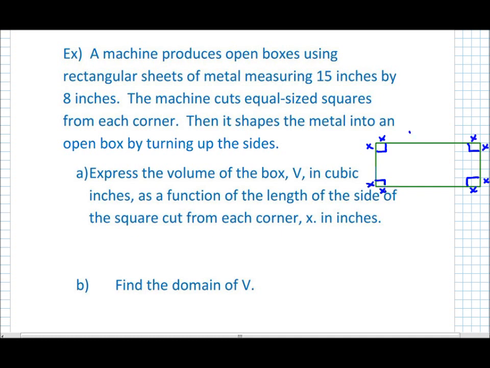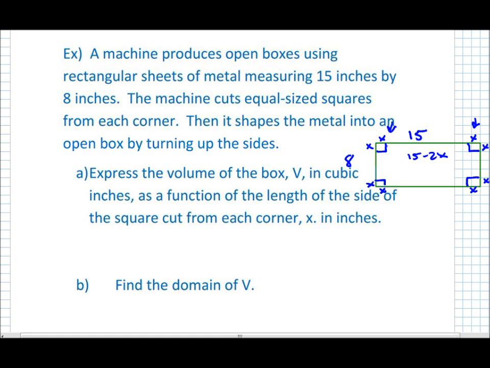So remember, it's a 15 by 8 rectangle. So if you cut out a square here and you fold it up, the box's side is actually going to be now 15 minus 2x, because remember there's x here and there's x here.